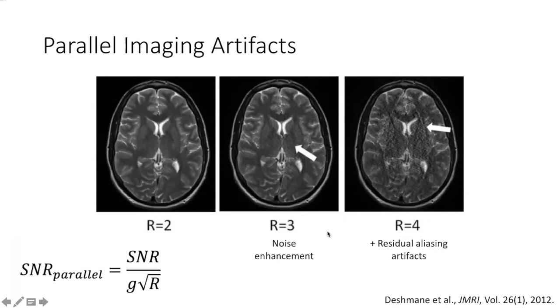So the algorithm for unwrapping doesn't work as well, and so you get this noise enhancement, and you also get these residual aliasing artifacts as you try to push your acceleration further. So it's important to be mindful of what kind of acceleration factors are possible to get diagnostic quality images.